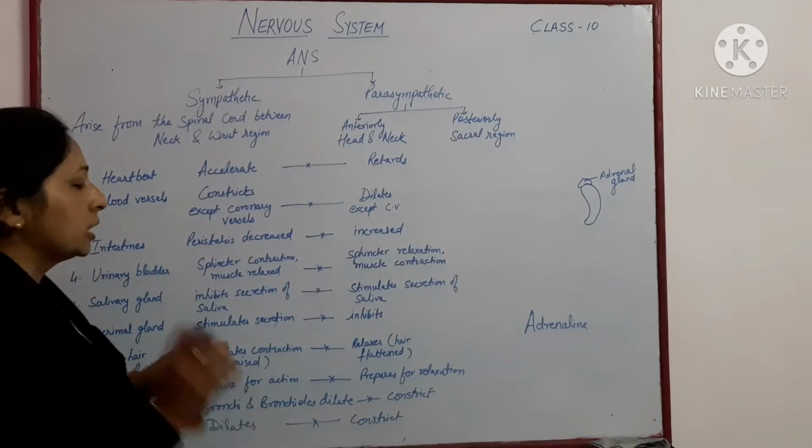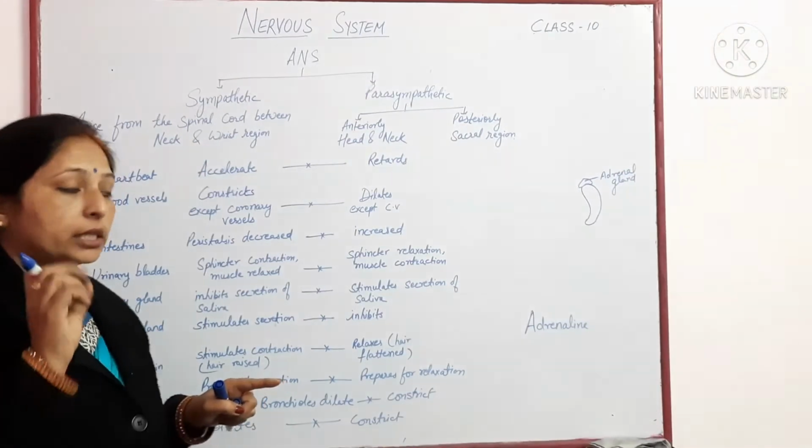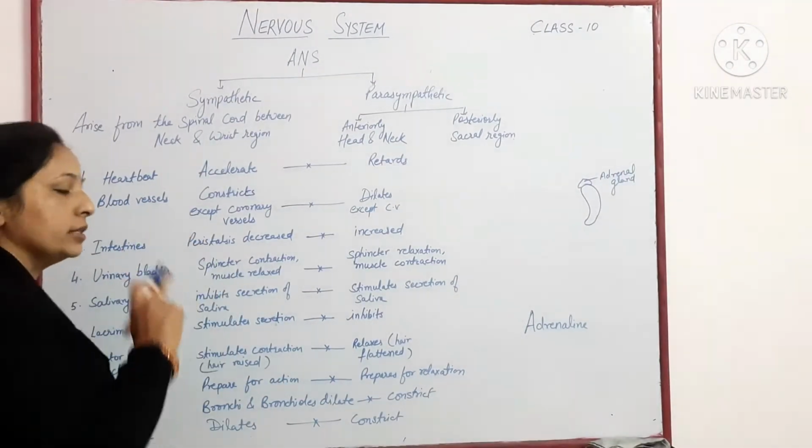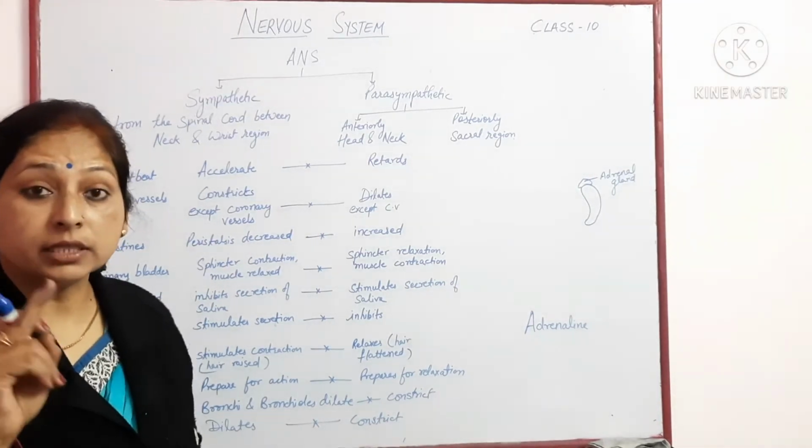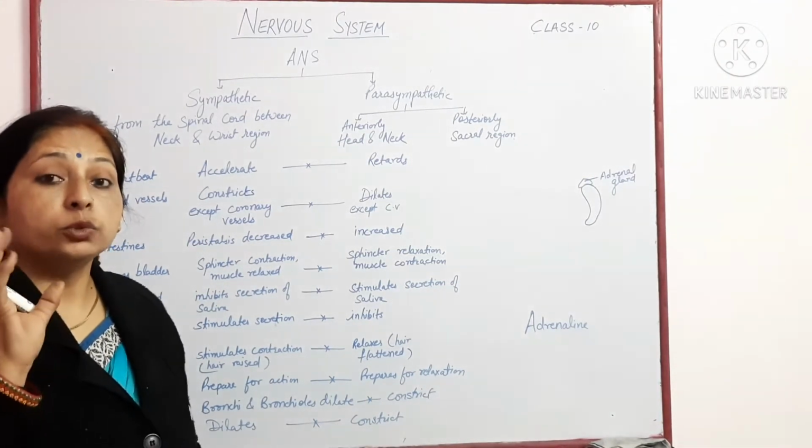Blood vessels constrict except coronary vessels. Coronary vessels are the vessels that supply blood to the heart.